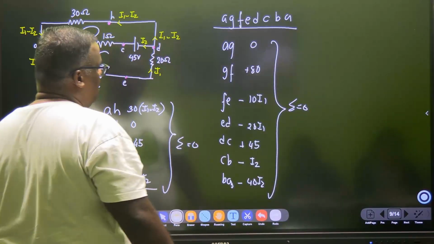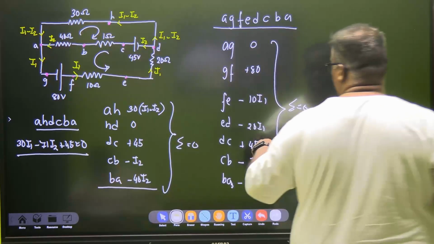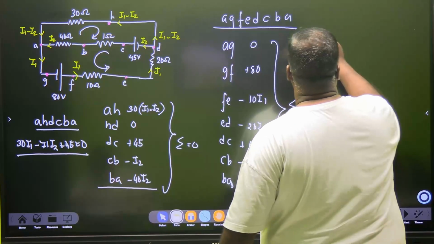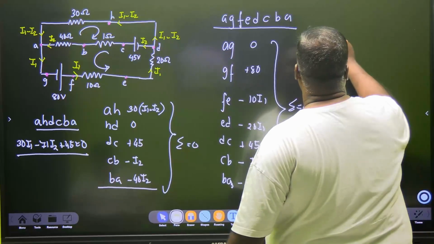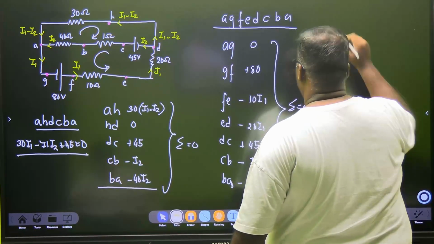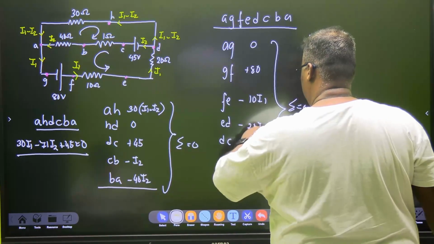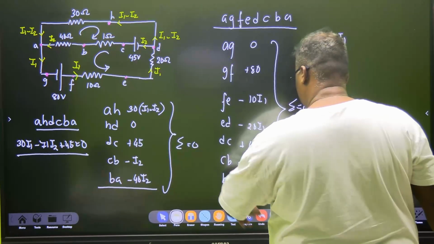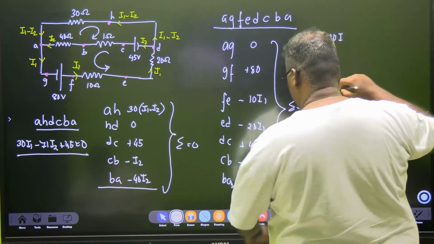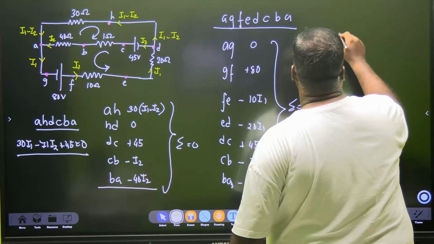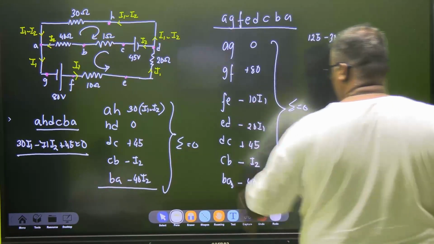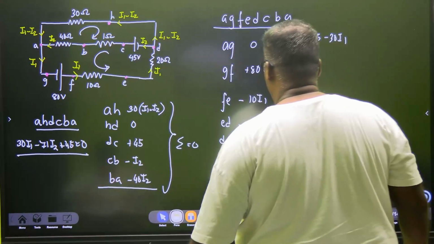So let's catch up. 80 plus 45 will give me how much? 125. So 125, minus 10 I1, I retain it. And then I have minus 10 and minus 20, that makes it minus 30 I1. Fine, I've got an I2 and a minus 40 I2.